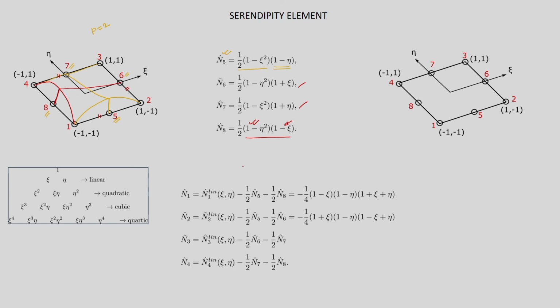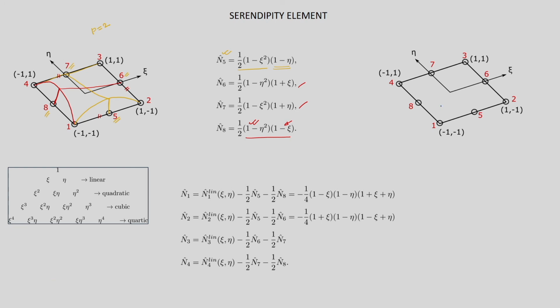Now, once we finish constructing the shape functions corresponding to the mid nodes of the sides, we will construct the shape functions corresponding to the corner nodes. So, let us construct this.